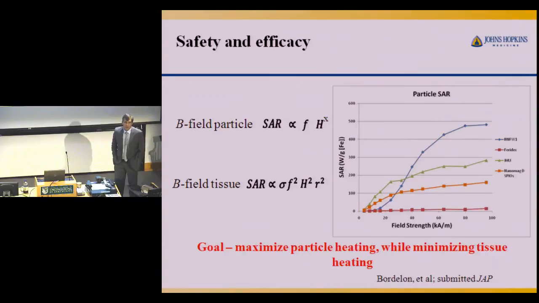And you can see that we did achieve, to some extent, the intended goal to develop particles, roughly 80 nanometers in diameter, that are able to produce a reasonable amount of heating at low field. Notice that they saturate earlier than the BNF particles, and at saturation they don't produce as much heat.